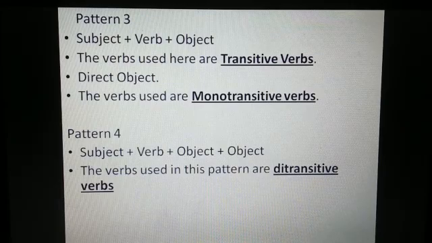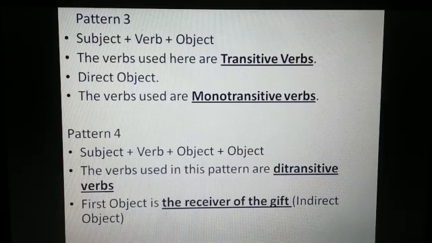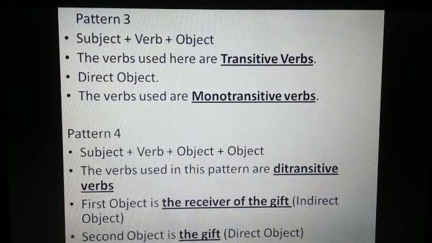So ditransitive verbs take two objects. First object is the receiver of the gift, that is the indirect object, and second object is the gift, which is the direct object. In this pattern, the indirect object comes before the direct object.